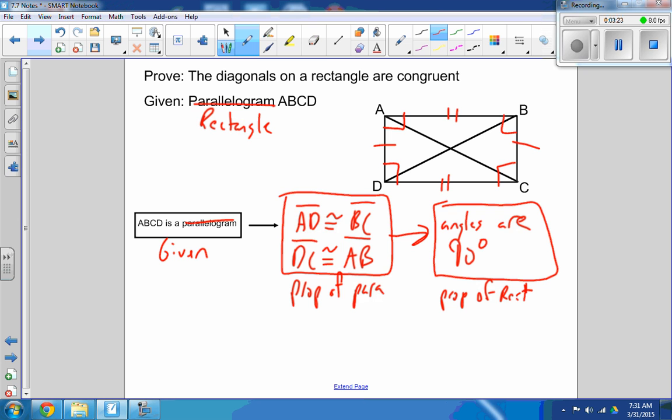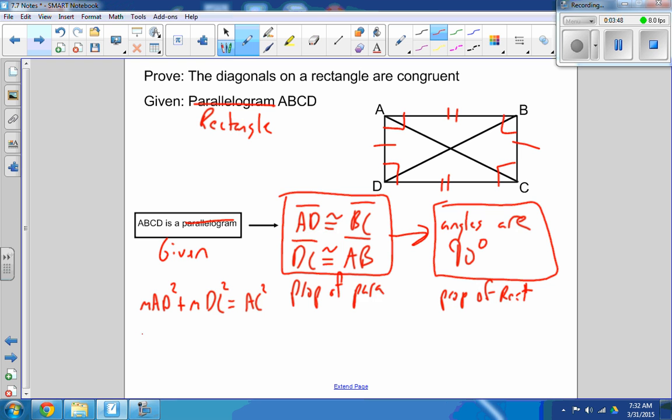I'm abbreviating there. So given that, we can do Pythagorean theorem. In other words, the measure of AD squared plus the measure of DC squared equals AC squared.